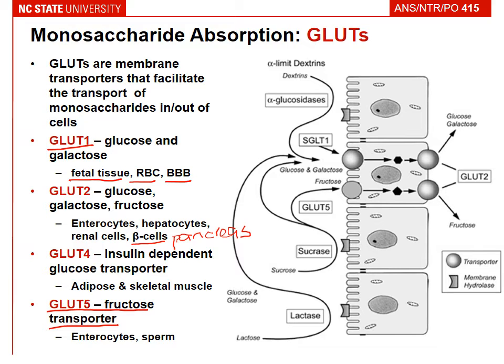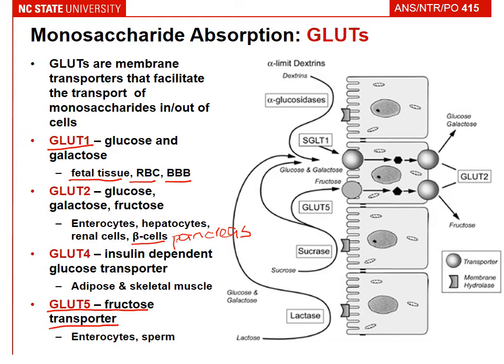And then if you remember with our GLUT2, this is the transporter for glucose, galactose, and fructose to leave the enterocytes. It's also expressed on the hepatocytes, renal cells, and our beta cells. So can anybody think of where our beta cells are located? These beta cells are what make up the islets of Langerhans.